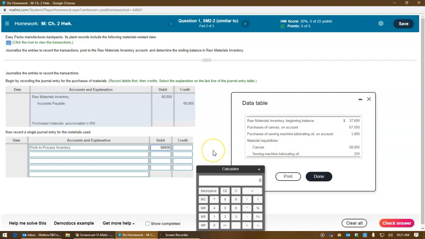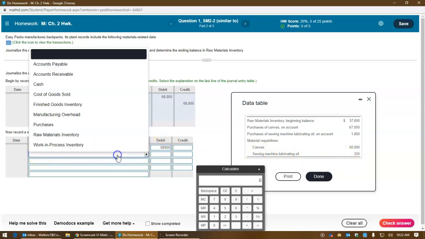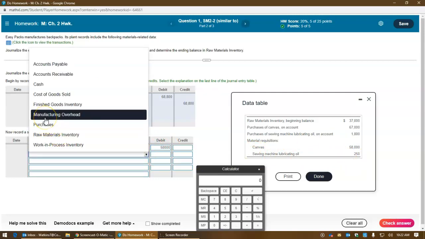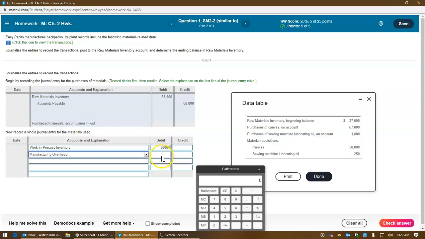Direct materials are materials that we can easily trace to a product. Okay, we can easily determine how much canvas it takes to make one book bag. So canvas is a direct material. The oil is going to go in an account called manufacturing overhead because the oil is an indirect material.